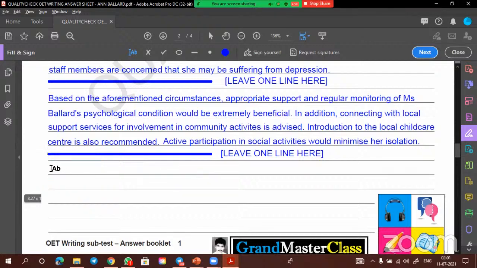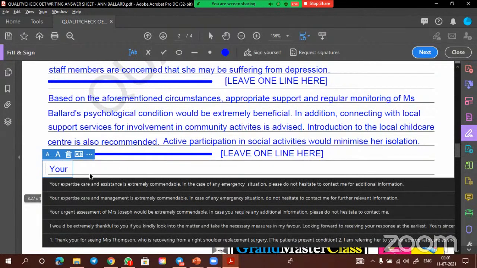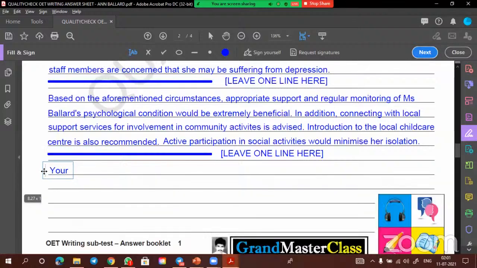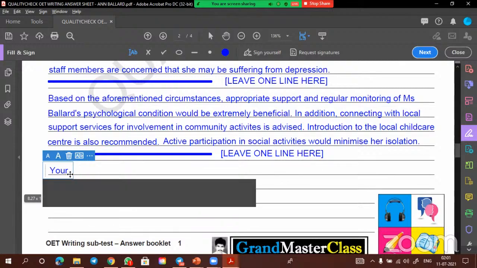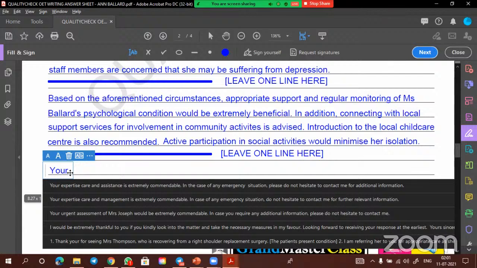So first sentence. "Appropriate" we have already used. "Involvement" we have used. "Participation" you have used.